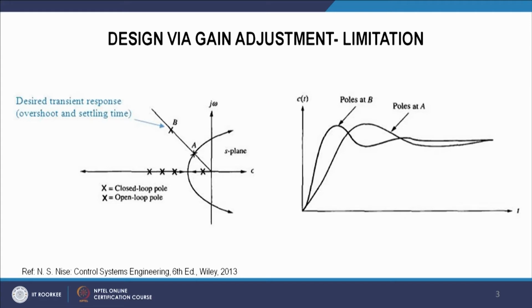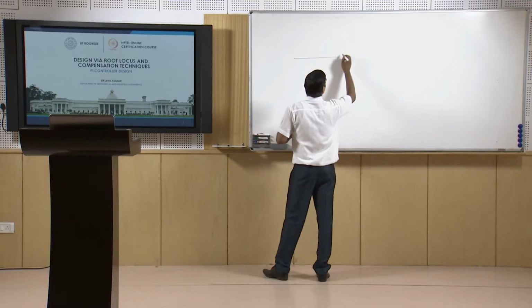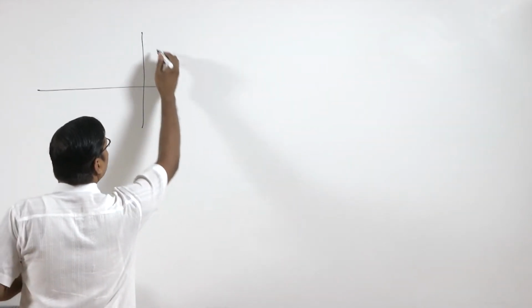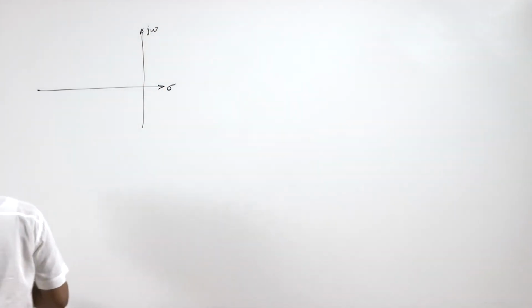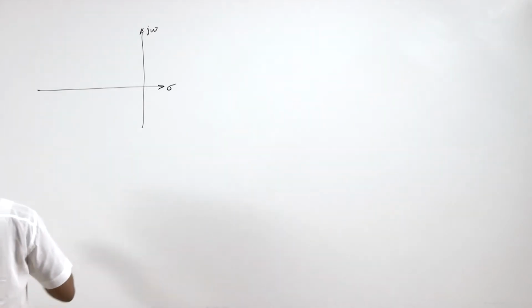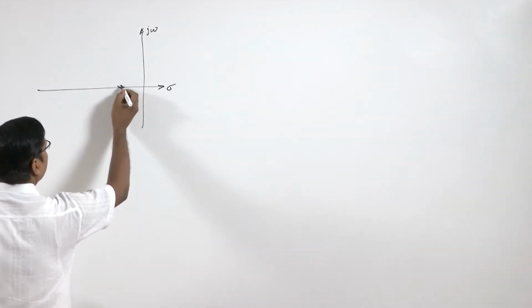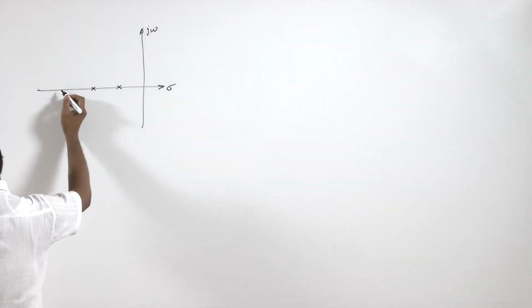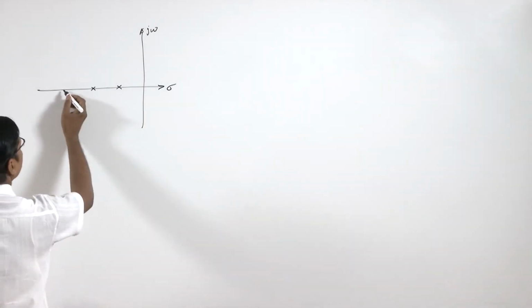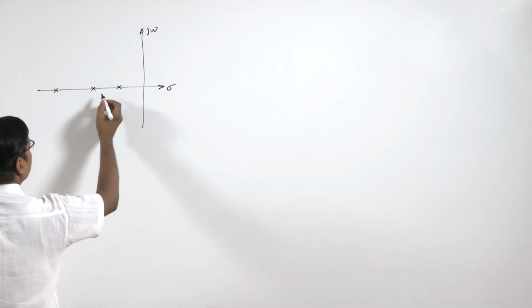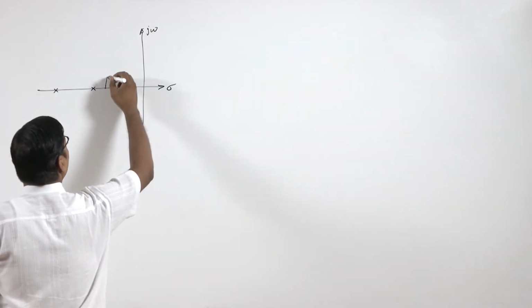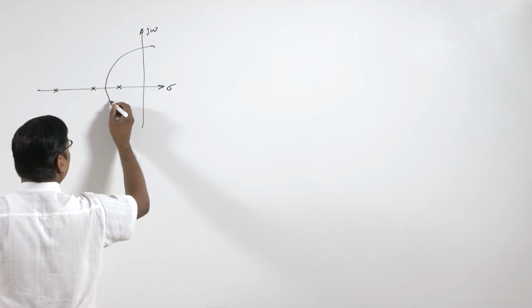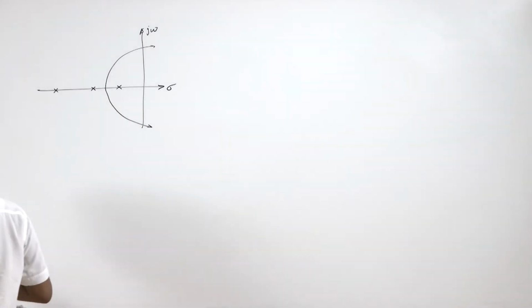So, we can say that if we have this is our S plane and we have some point, let us say open loop poles, and so root locus starts, so this is our root locus.